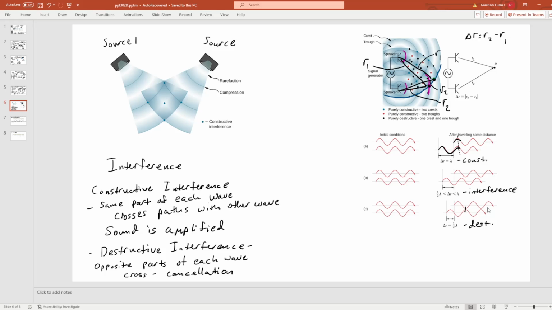But if both of these speakers are connected to the same signal generator, like if you have two speakers in a room and you're listening to a song, and whatever you're using to play the song is equidistant to both speakers, in other words, the wires that you're using to pump the sound from the source to your speakers are the same length, then you're not going to have any delay due to the speed of light, insofar as the signal getting from the generator to the speakers.